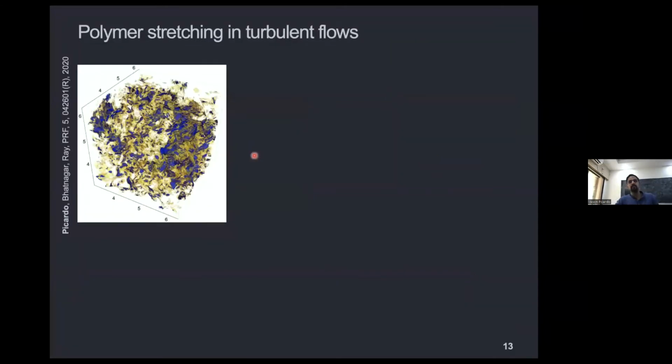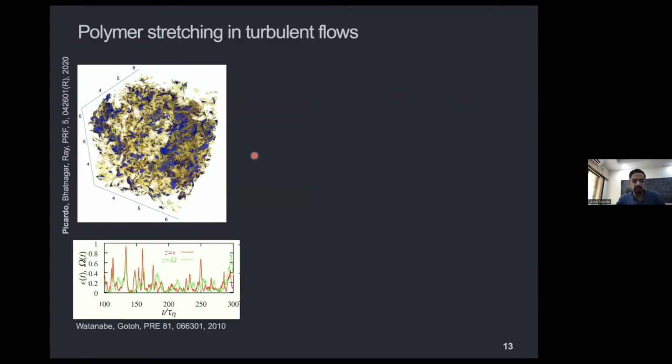Okay, so that brings us to stretching in turbulence. In the early years of this area, it was not so obvious whether polymers would actually get stretched out in a turbulent flow or not.